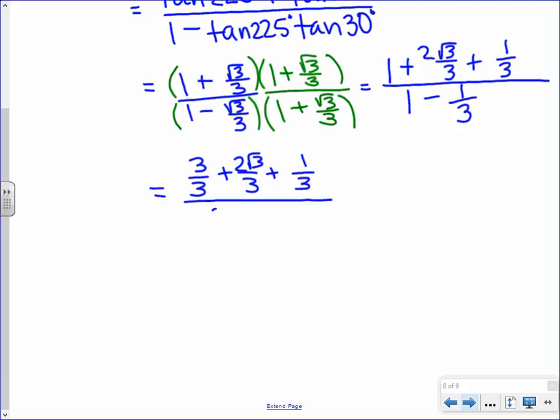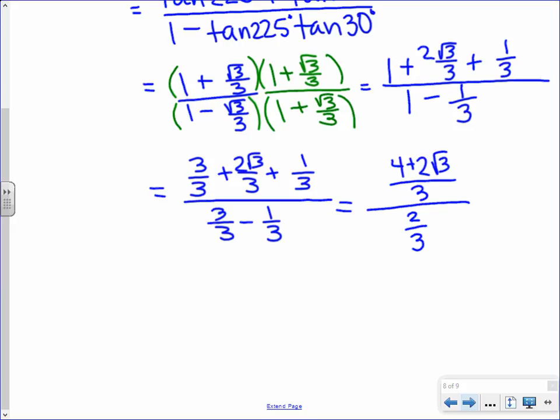And then our denominator, we're going to do the same thing so that we can actually combine like terms. So all I did is I changed our 1s to 3 over 3s so that our numerator we can write as 4 plus 2 radical 3 over 3. And our denominator we can write as 2/3.